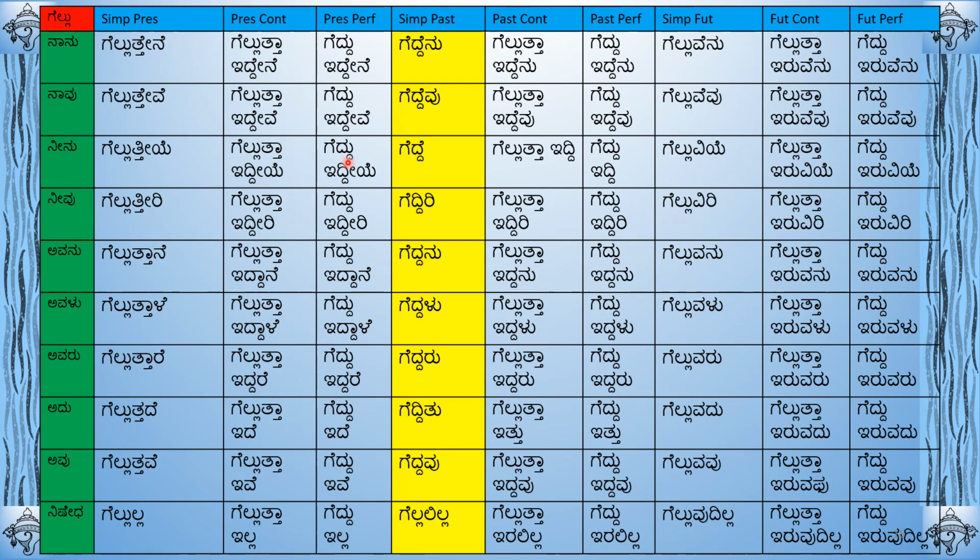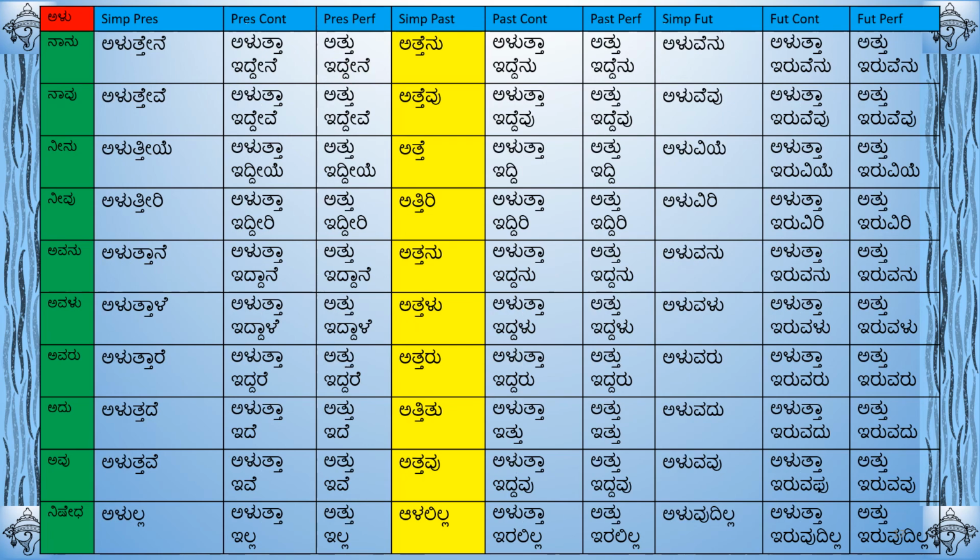Gellu, right? Again, irregular in the past. To win. So it's geddenu, geddevu, gedde, geddiri, geddanu, geddalu, geddaru, gedditu, geddavu, gellalilla. And the perfect tense will use geddiddeni, geddu plus iddeni, geddiddeni. Next will be alu. Alu is to cry, right?